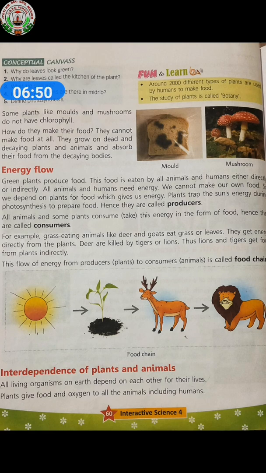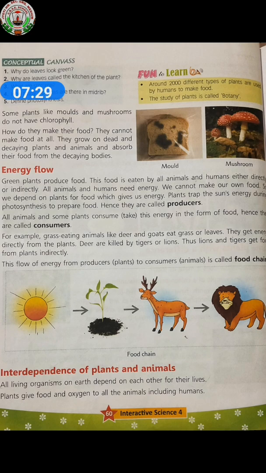Now see here, herbivorous and carnivorous animals. All of you know herbivorous and carnivorous. Herbivorous animals eat only plants, carnivorous animals eat the flesh of animals, and omnivores eat both plants and the flesh of animals. So here the energy goes from the sun to the plant, and the grass is eaten by animals.